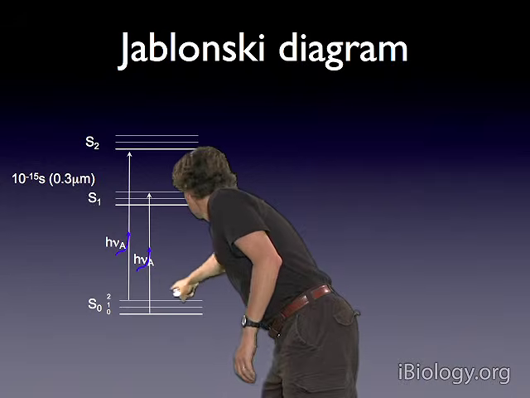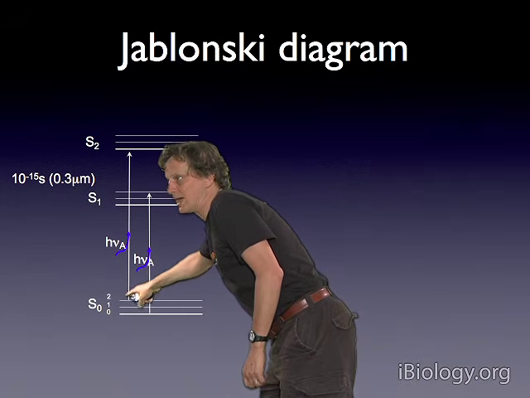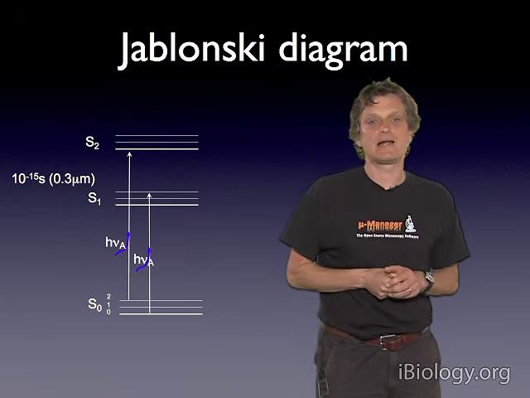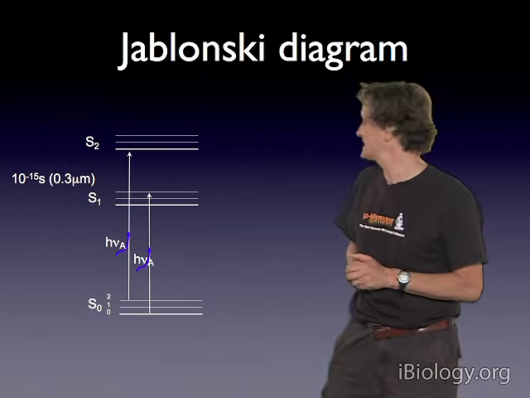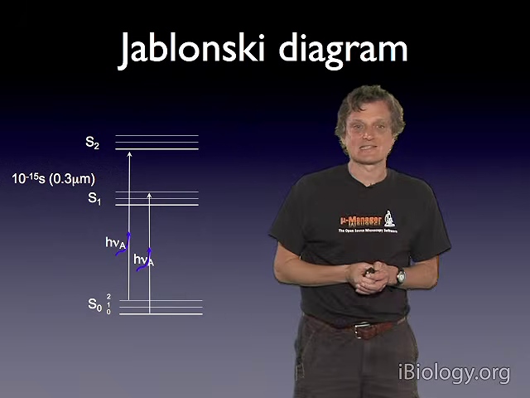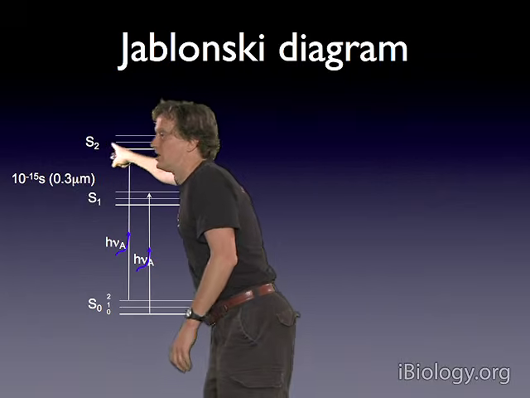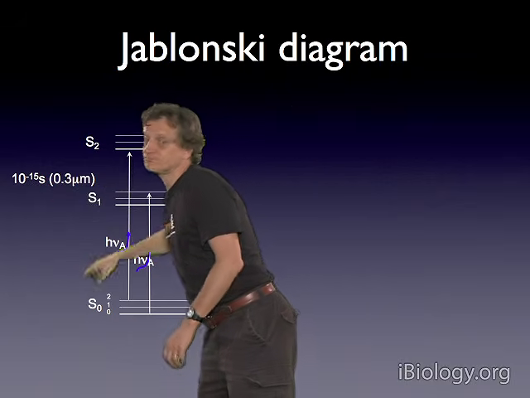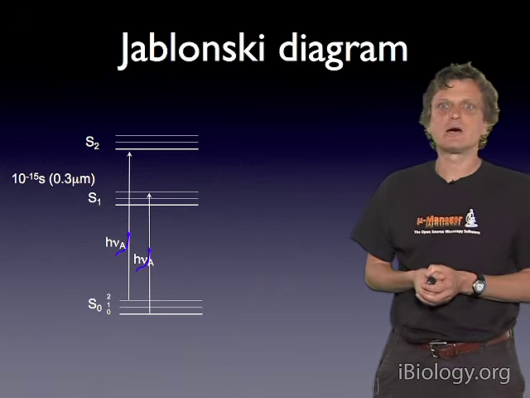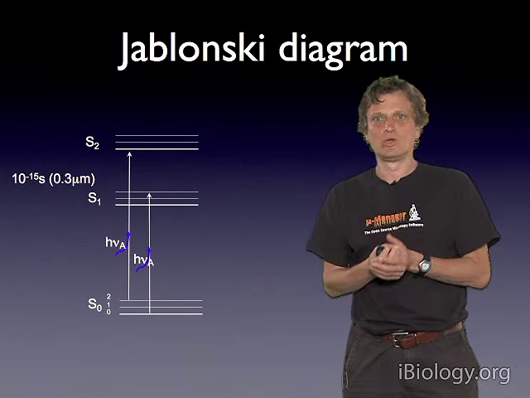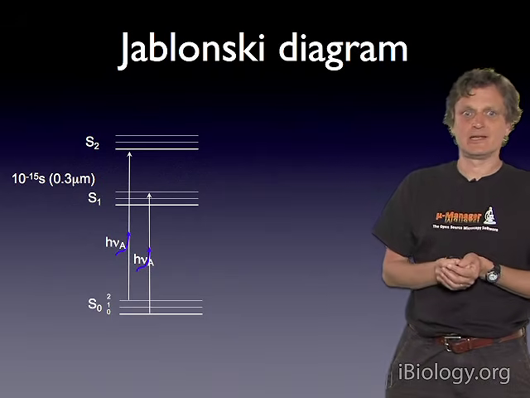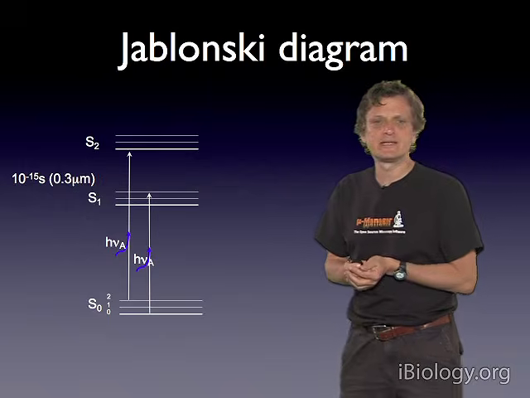When a dye absorbs light, that electron is going to be kicked into a higher orbital, a higher energy state. This absorption goes very, very fast. It happens at the time scale of femtoseconds. Femtoseconds don't mean much to me, so I like to express this in the distance that light travels during that time period.